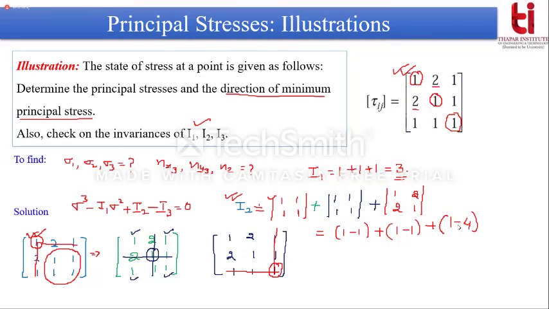When I'm doing this, I multiply these two terms minus I multiply these two terms. So 1 into 1 is 1, minus 1 into 1 is again 1, so this is nothing but 0, and 0 plus 1 minus 4 is minus 3. So I get I2 is equal to minus 3.